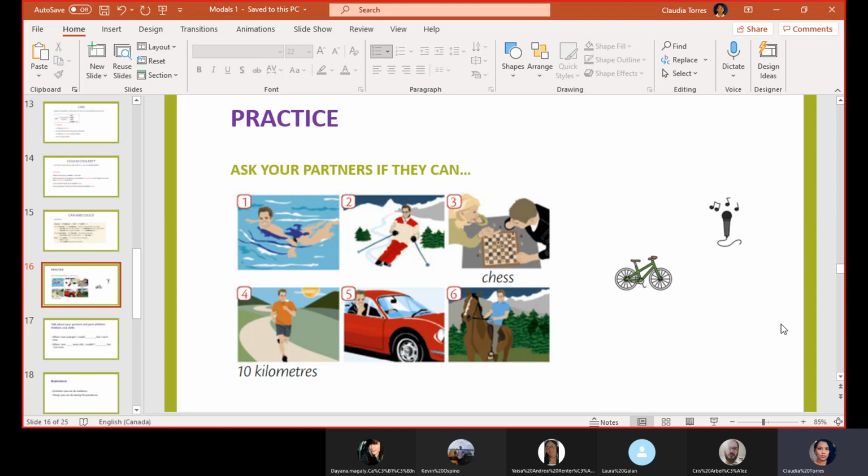So, for example, number one, I already asked Chris, Chris, can you swim? And he answered. So the idea is to use the grammar structure for questions with can. You can choose any picture, or even a different activity that is not here.